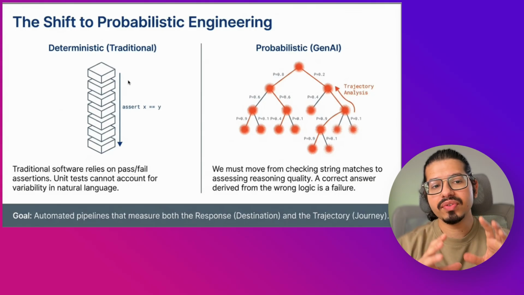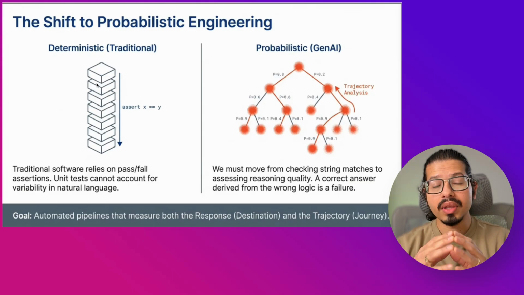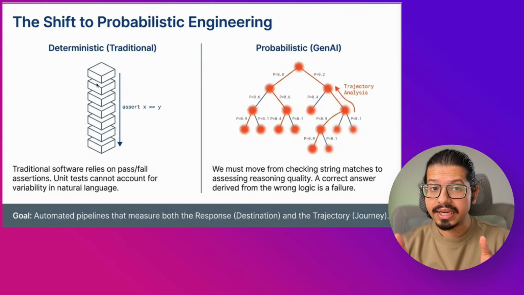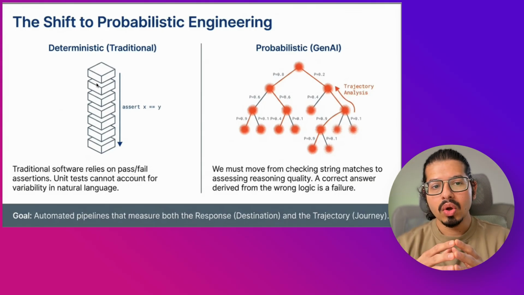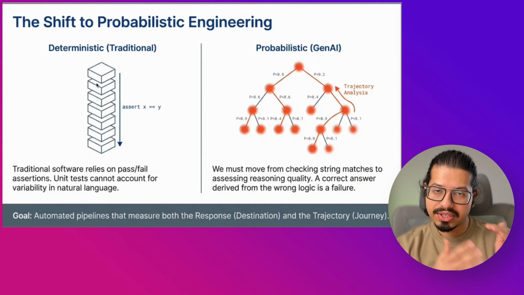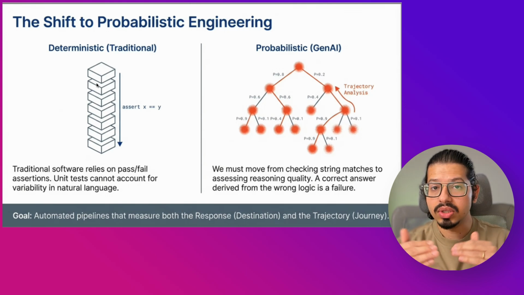So we shift from checking exact string matches to evaluating the actual reasoning quality. A response from the agent might look correct, but if it was derived from incorrect reasoning, that's still a failure. And that's why in agent systems, we care about both the trajectory, that is the steps, and the final response. This shift is foundational in understanding how evaluation is done in Google ADK.